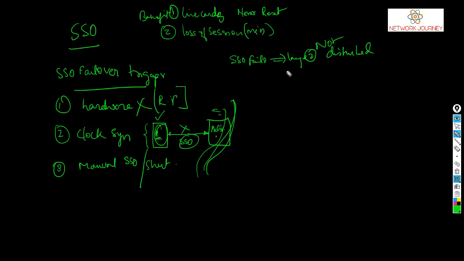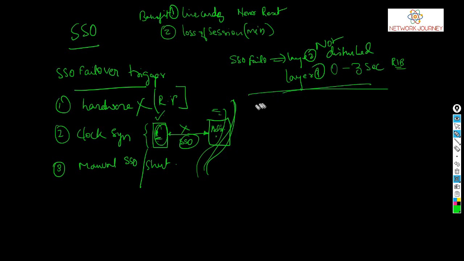In the case of layer 3, as soon as the secondary RP takes up the primary role, the expected delay is 0 to 3 seconds. Within these 3 seconds, you will see the routing information table being completed in the secondary device, which is now active, and the traffic is ready to serve. So there is very little chance of downtime here.